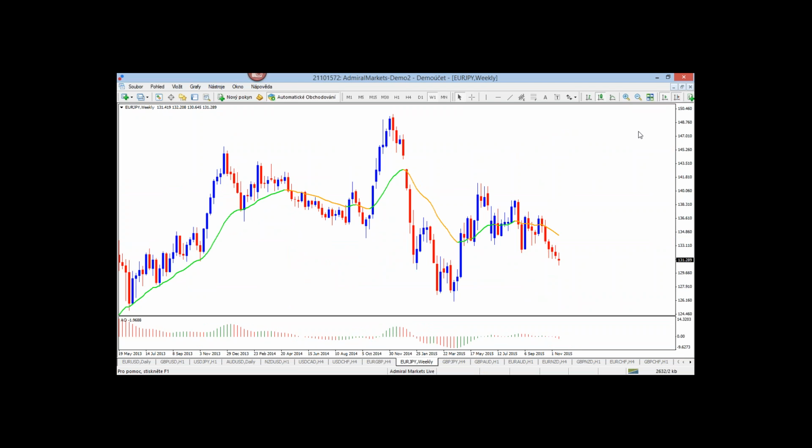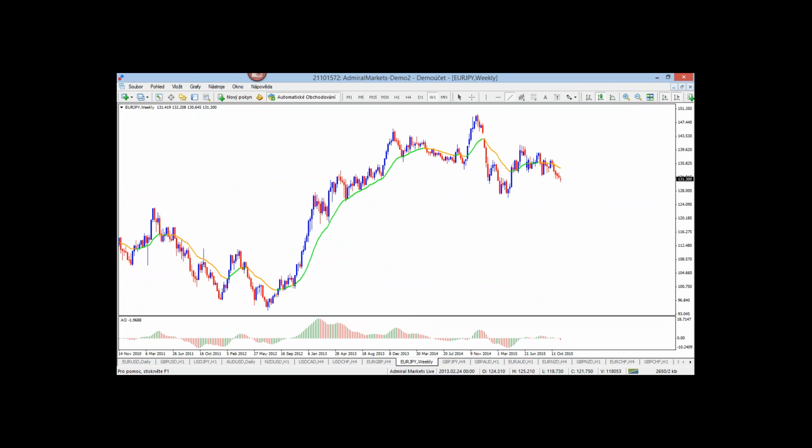So euro yen, I've got an interesting euro yen and pound yen, I think, too, to discuss. Euro yen, I think, interesting could be this trend line and this trend line and this trend line. So basically making kind of a channel now, or perhaps, well, it's not really a flag anymore because it's retraced too deep.